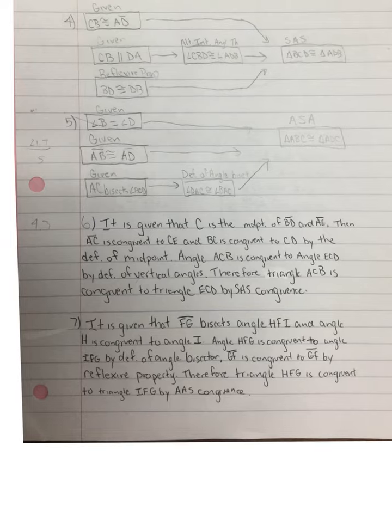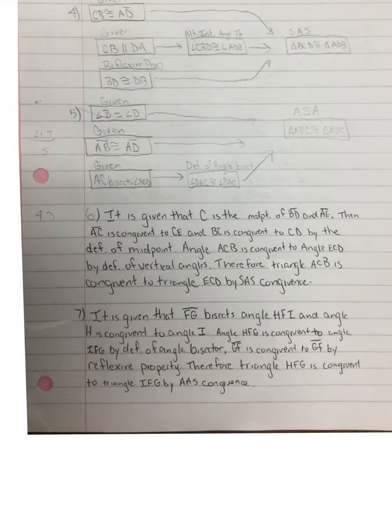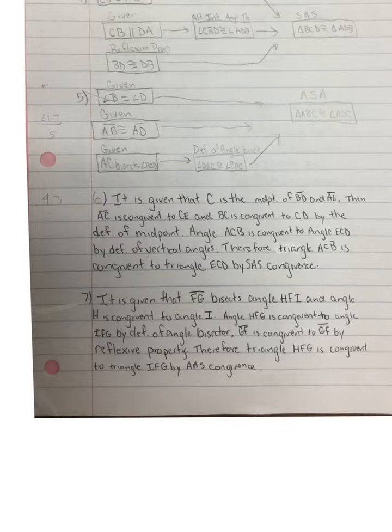All right, looking at number 6, 6 asks us to write a paragraph proof. So basically what we're going to be doing here is writing out what we're saying in either of the other proofs in a paragraph. And you can see there what we have. So this one kind of has some crossing going on, or let me change that to a black ink.